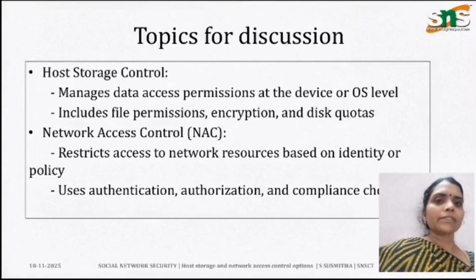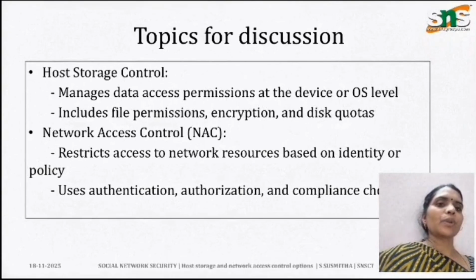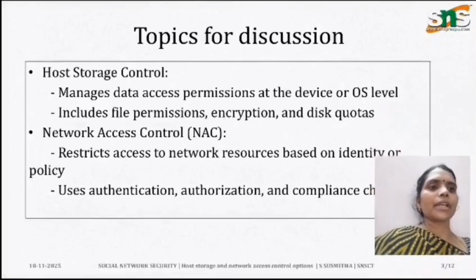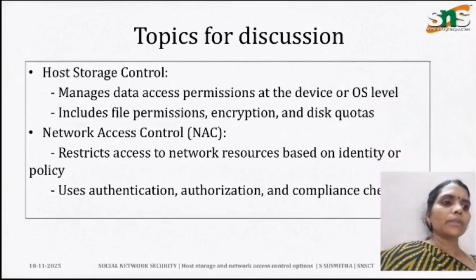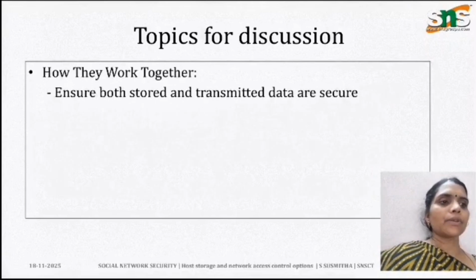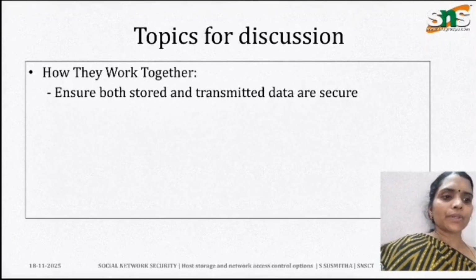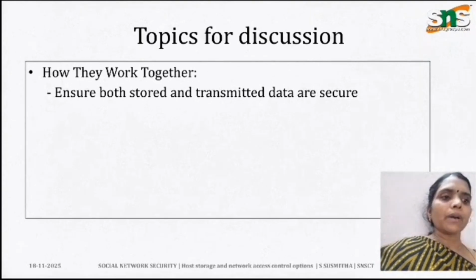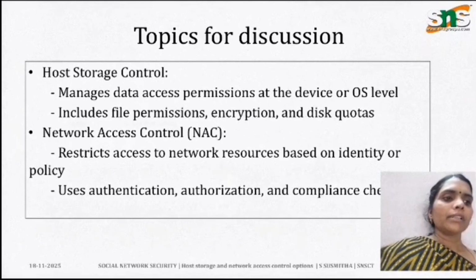Next, network access control, that is NAC, restricts access to network resources based on identity or policies, that is user authentication, authorization and compliance check. For network based storage, there is network attached storage, dedicated file storage devices accessible to multiple users, for centralized backup and sharing.